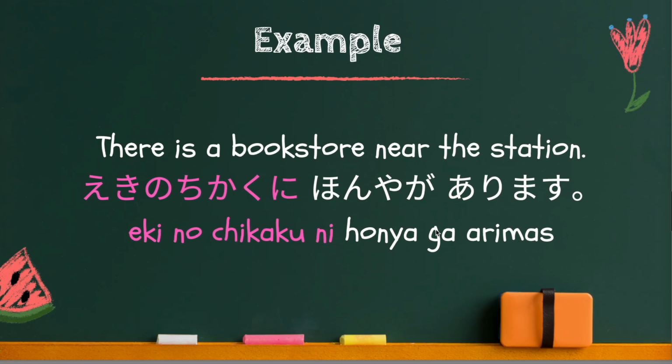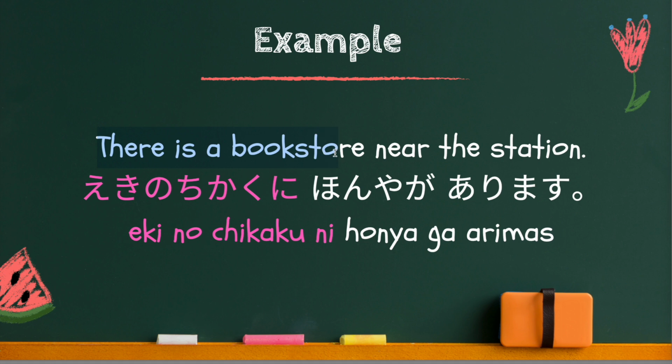So, this is an example sentence using the location words and the grammar format. There is a bookstore near the station. 駅の近くに本屋があります。This part is very simple.